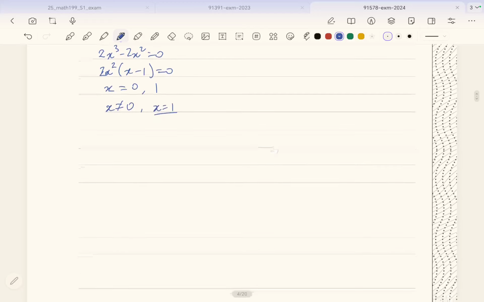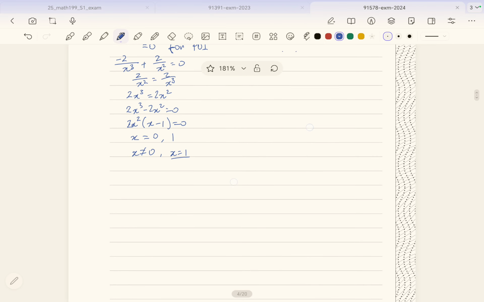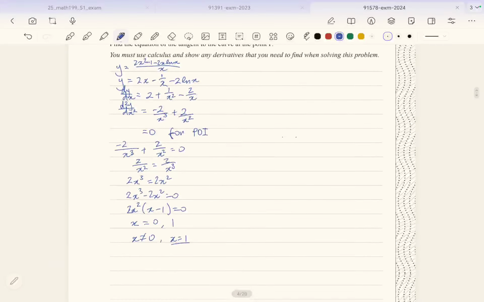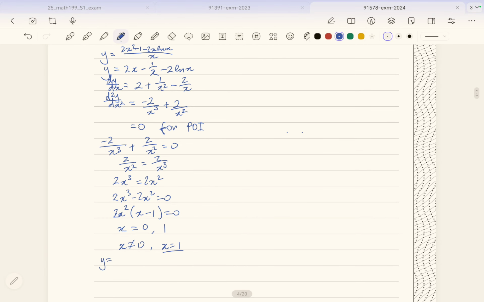That's our point of inflection at x equals 1. But then we have to sub it back in for y to find the coordinate. y equals 2x squared minus 1 minus 2x ln x over x.